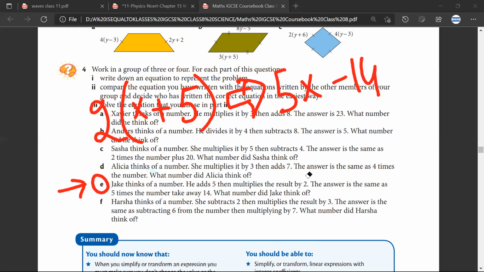Next, how should I solve this? So first we'll open the bracket.